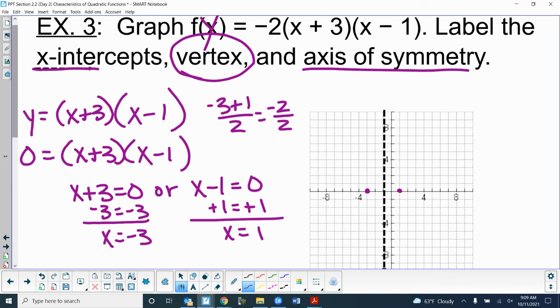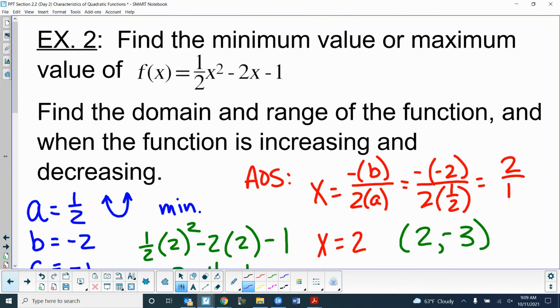How did we find it before? Nolan? What did we do on the last problem? How did we find the vertex? What did we find first? Axis of symmetry. What did we use? The 2, right?